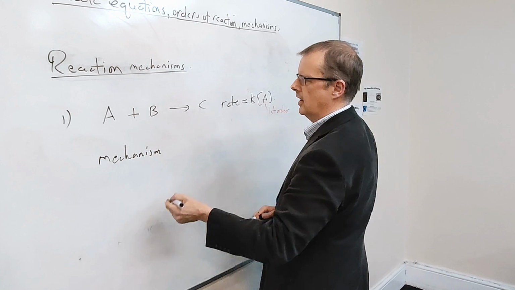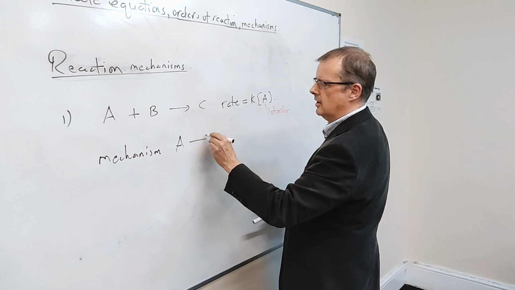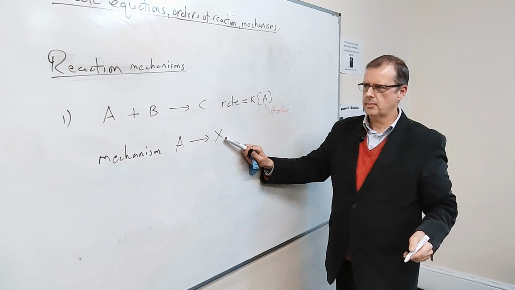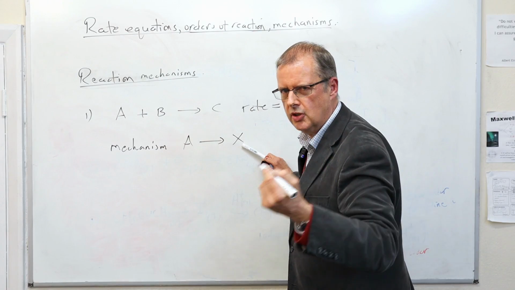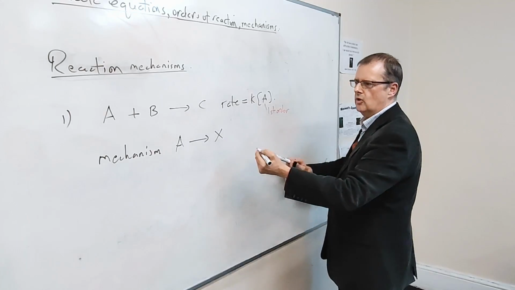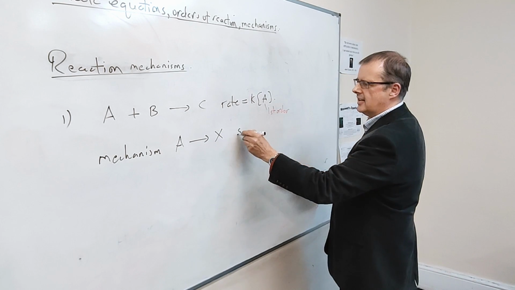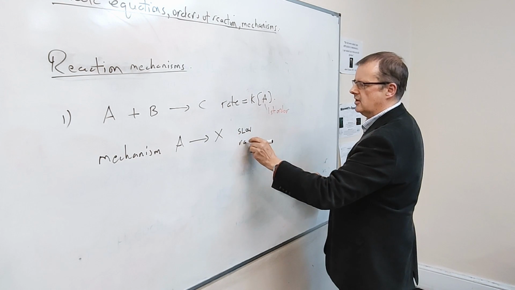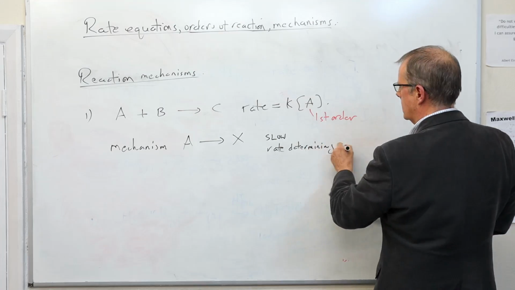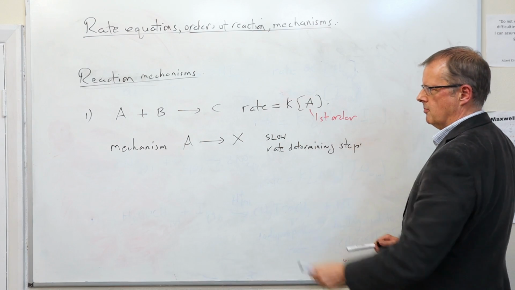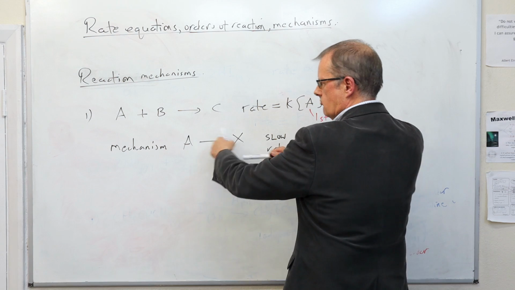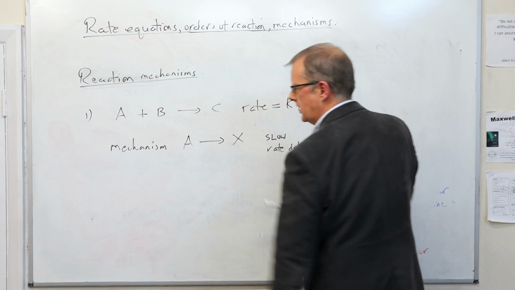I've got A turns into a substance X. This is purely fiction here. We don't worry about what these are. And that is a slow rate determining step. That is what takes the time. A becoming something else. I'm not in the real world here, just bear with me.